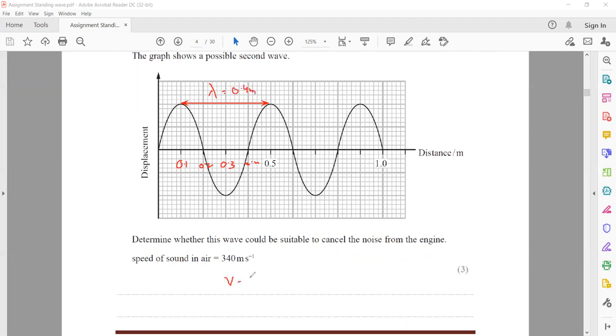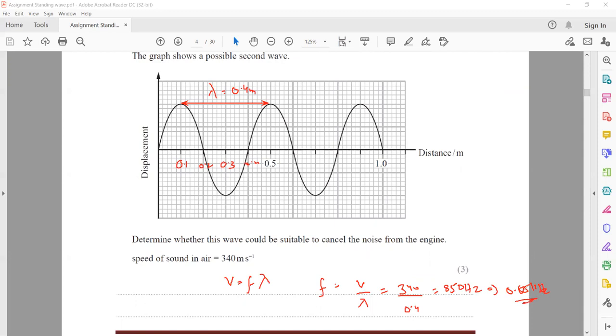And we have the formula v equals f lambda, so f equals v divided by lambda. So 340 divided by 0.4. When we divide 340 by 0.4, it comes out as 850 hertz, or when we convert this into kilohertz, 0.85 kilohertz.